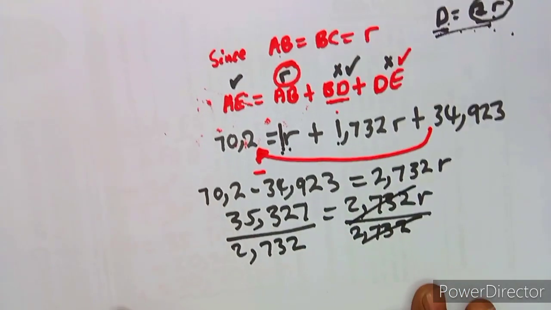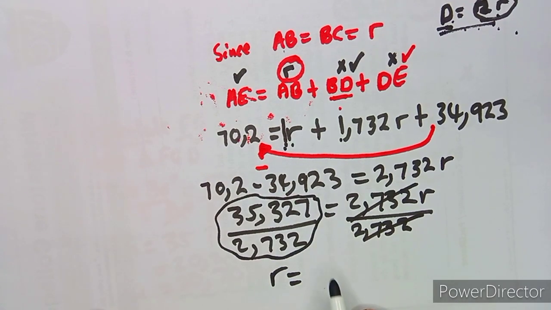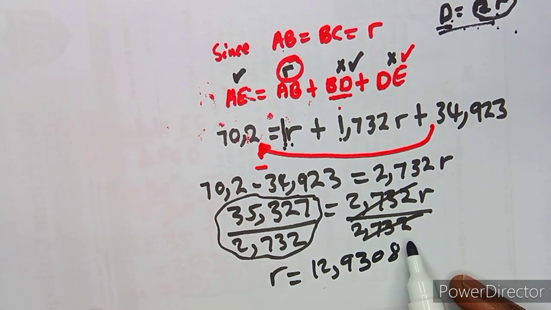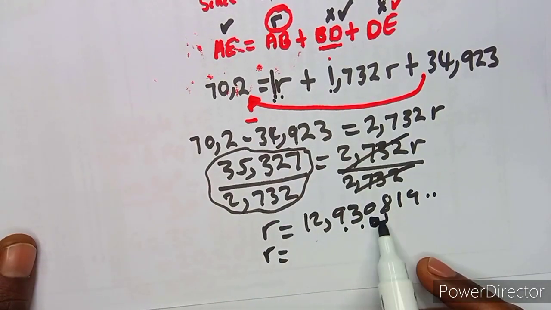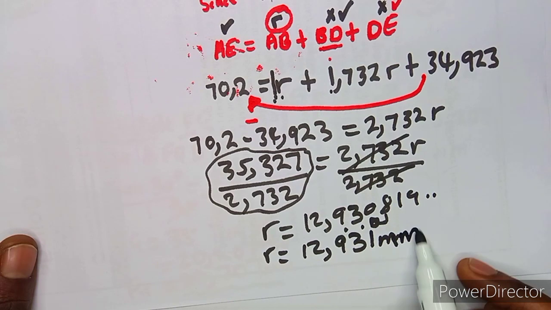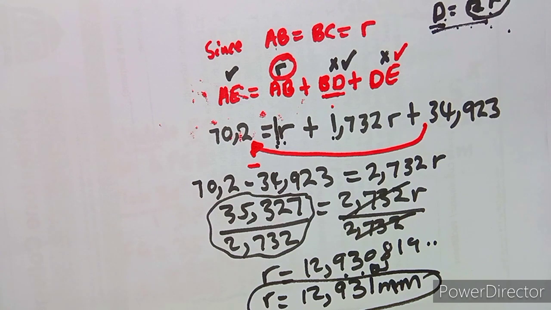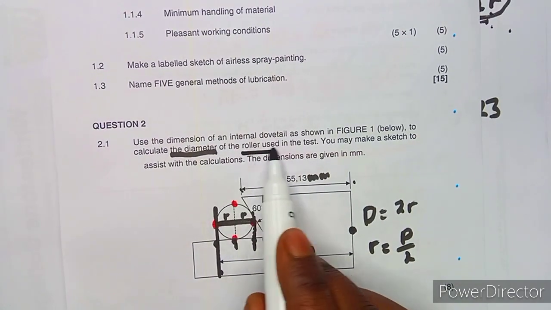So I now have the radius, which is these two divided together, giving us 12.930819, something like that. You can round off to 3 decimal places, which is 12.931 millimeters. So this is the radius. But remember, the question is for us to determine the diameter of the roller, the one used in the test.